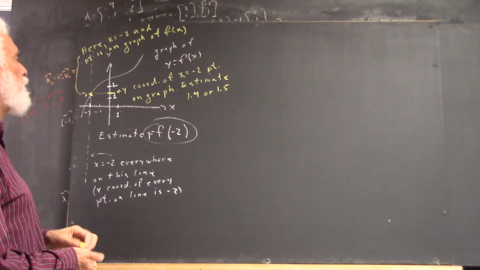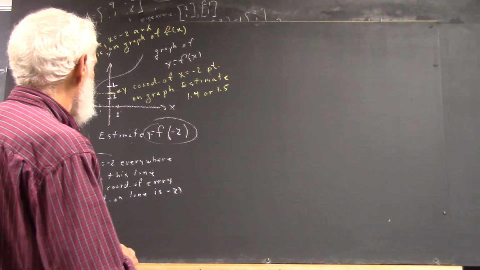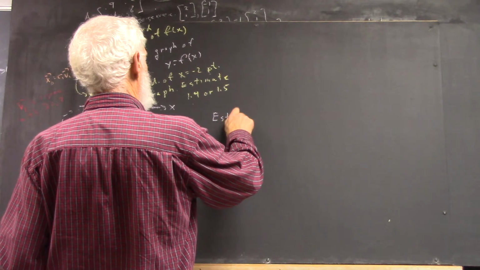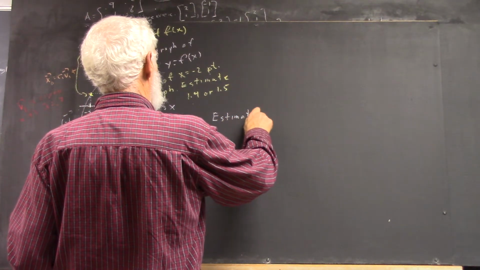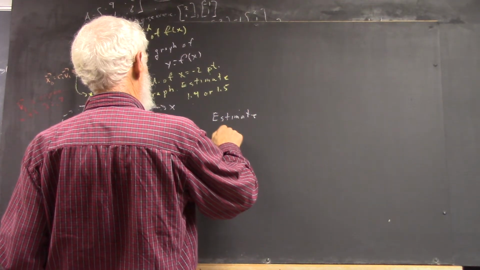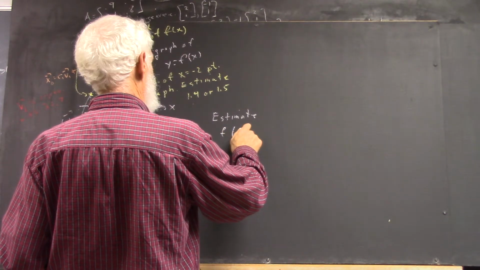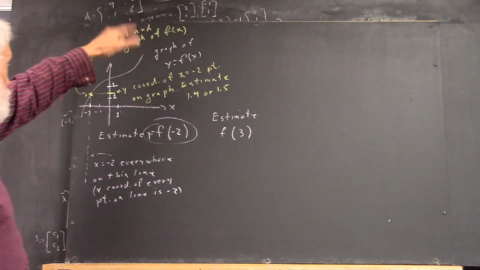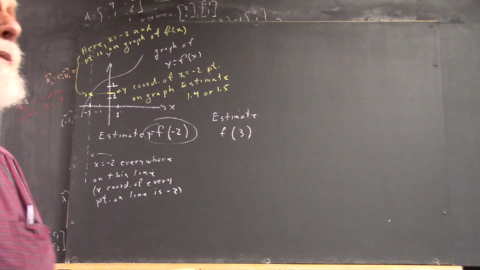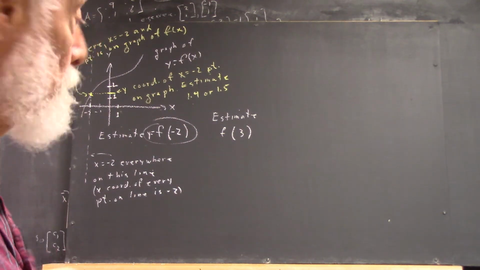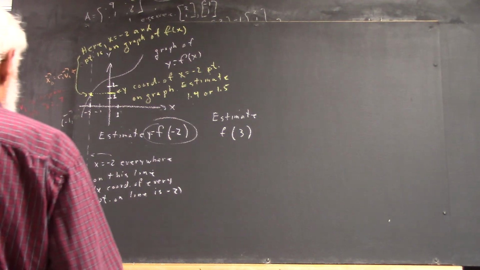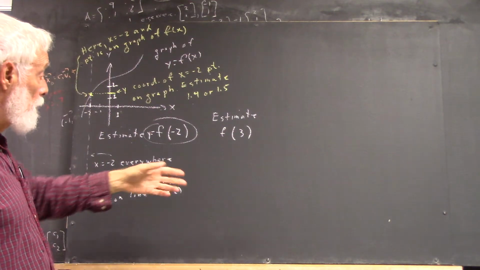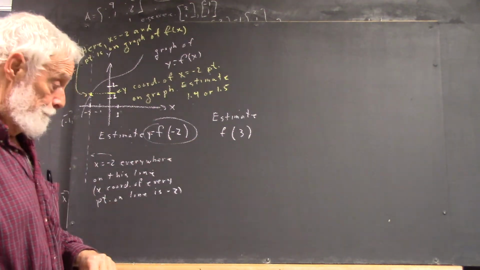Okay, so can you give me an estimate and kind of draw this on your graph and show me how you actually reason it out? Draw yourself a reasonable copy of this graph, with a kind of similar scale, and show me how you would estimate f of 3.